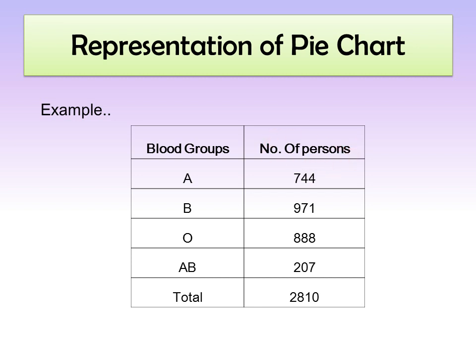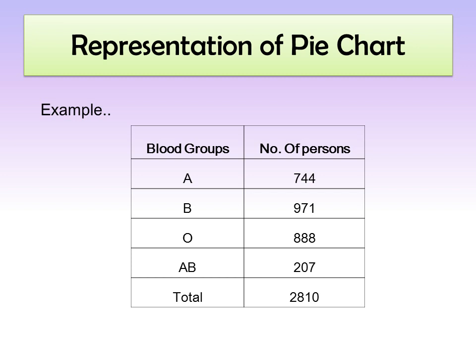For blood group A there are 744 persons, for B group there are 971 persons, for O group there are 888 persons, and for AB group there are 207 persons. In total, if we add all these blood groups, there are 2810 persons.